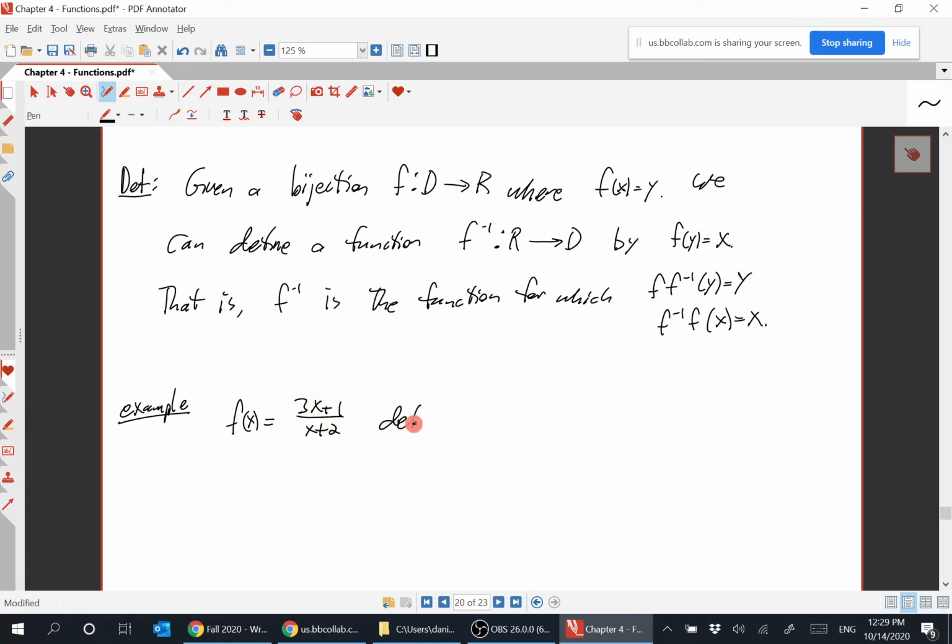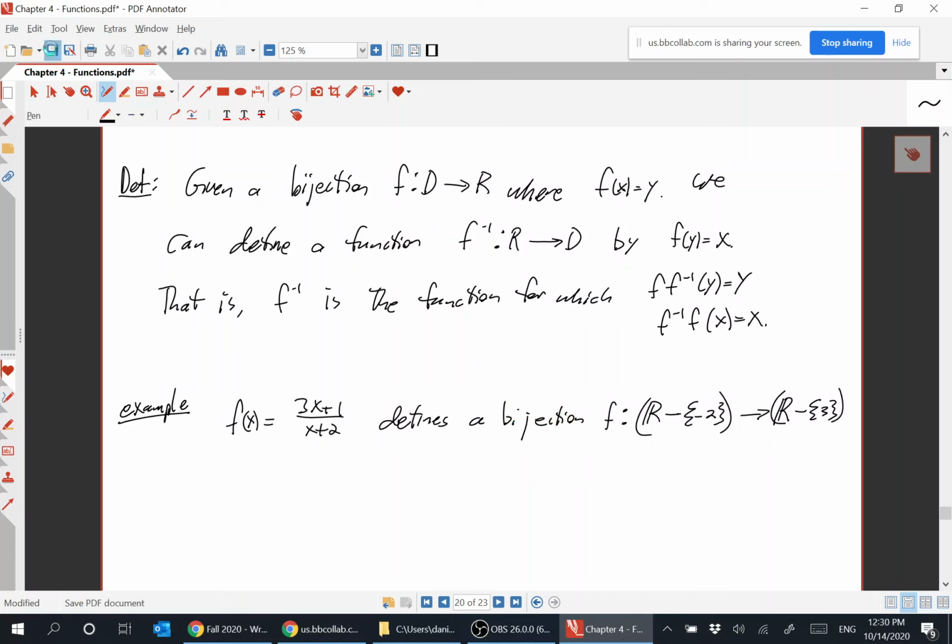All right, it defines a function f from the reals minus -2 to the real numbers minus 3. Well, it defines a bijection. Now, it has to be a bijection.